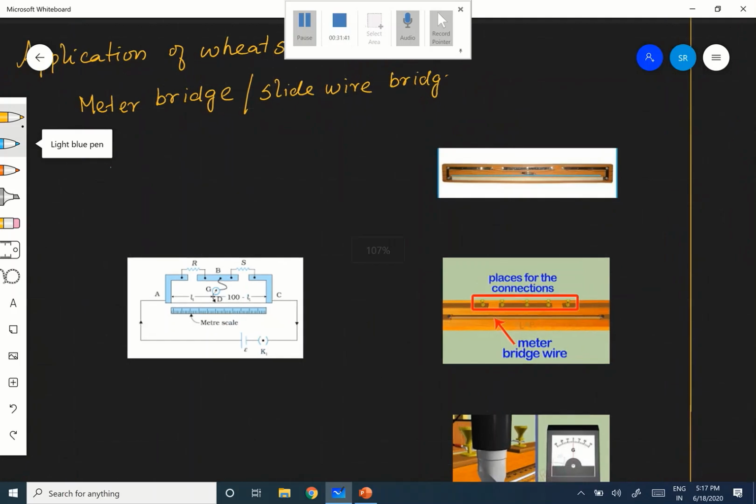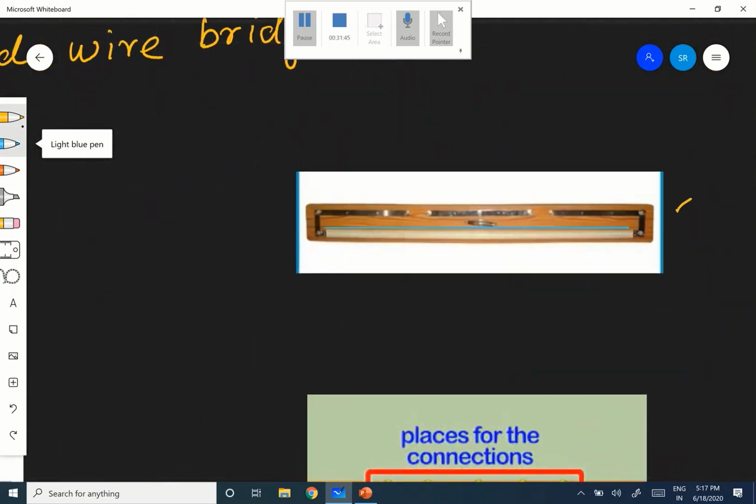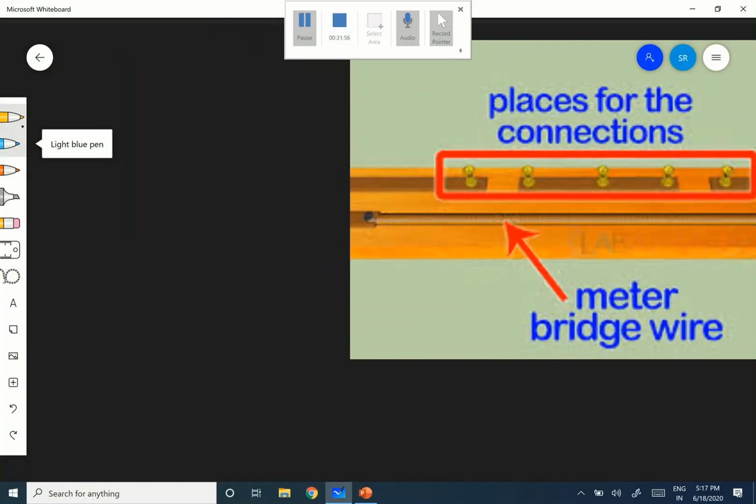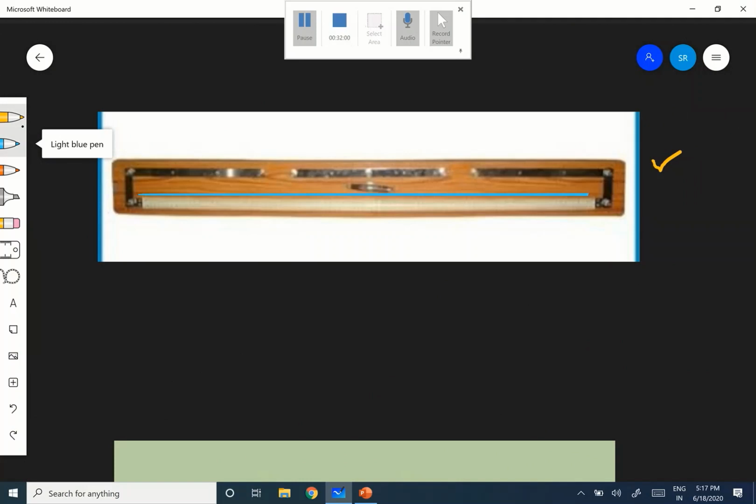See, this is the meter bridge apparatus. Nicely see, this is the copper wire, this is the blue color, and this is a wire made of manganin or constantan.